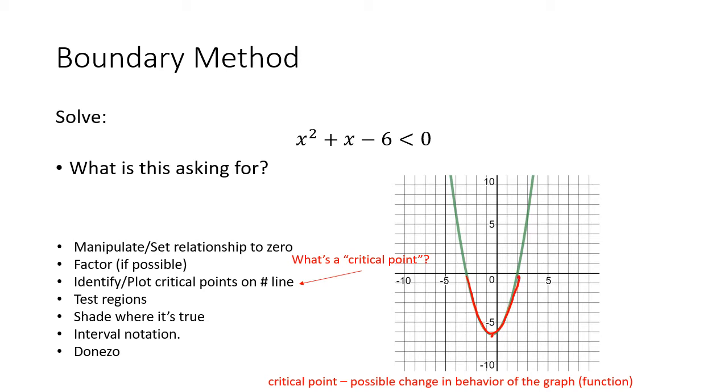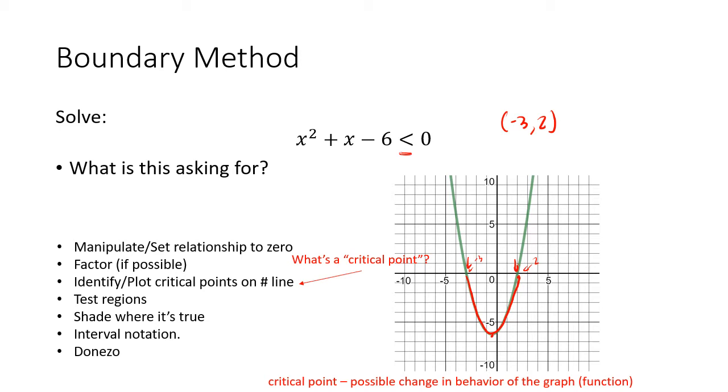So it would be all the x values that correspond to those red points right there. And I would say, look, that's negative 3, and that is 2. So it's everywhere between negative 3 and 2, non-inclusive of the negative 3 or the 2, because it's not an or equal to sign.